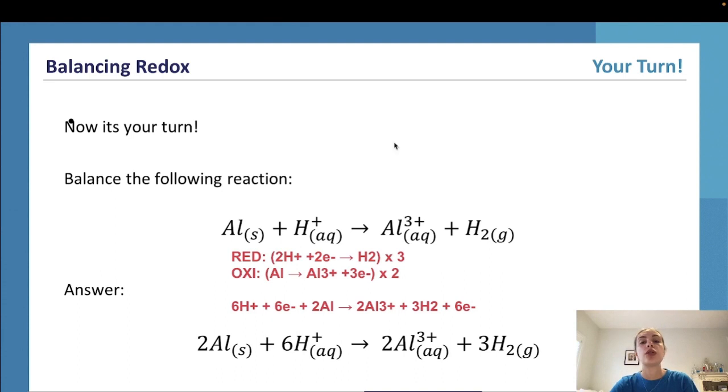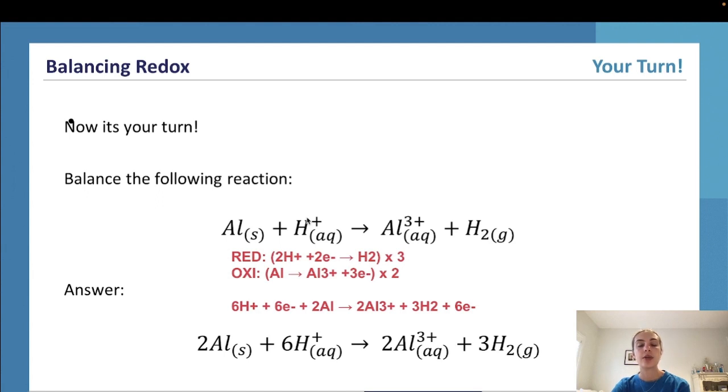Then it goes to a 3+ charge, which is based on rule 2. So if it's going from 0 to +3, remembering that electrons have a negative charge, it means that this one is losing 3 electrons. Then we can look at hydrogen.